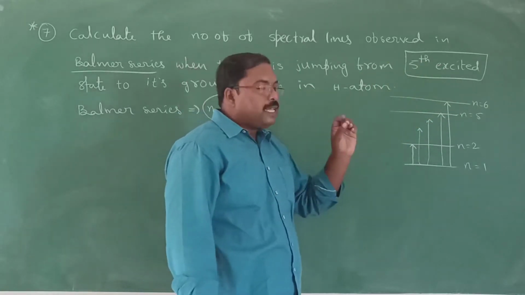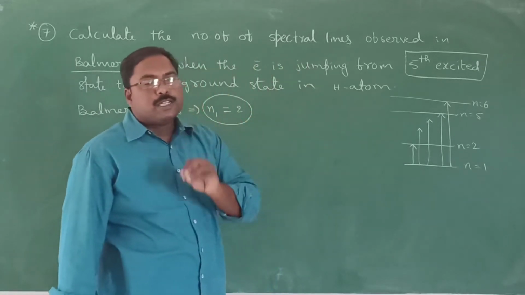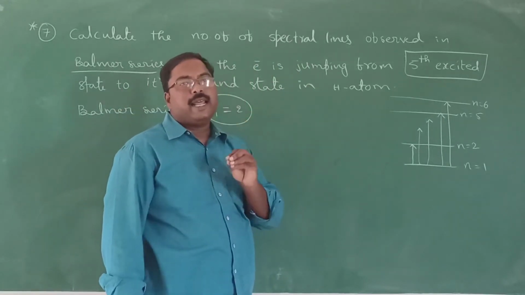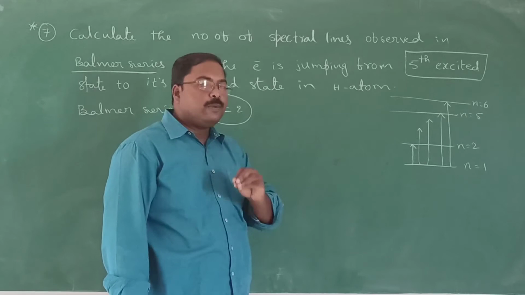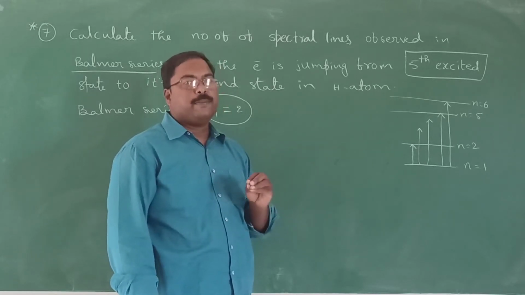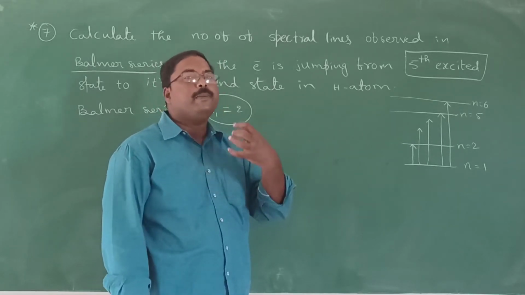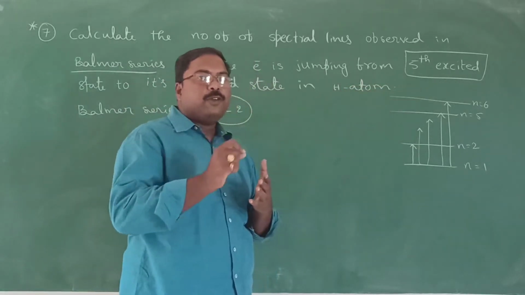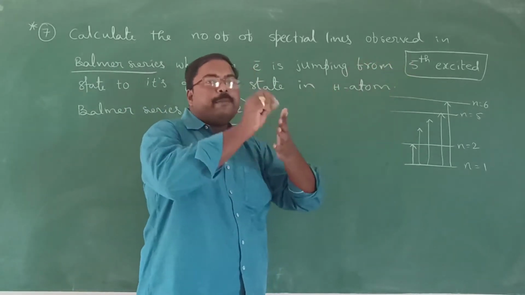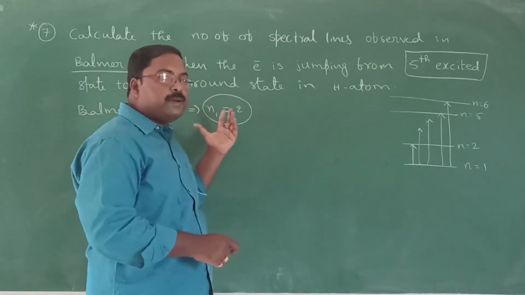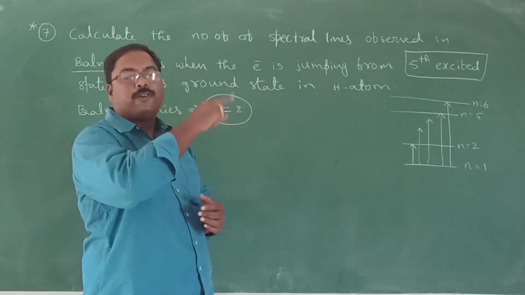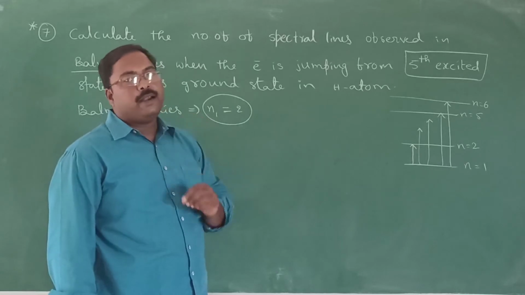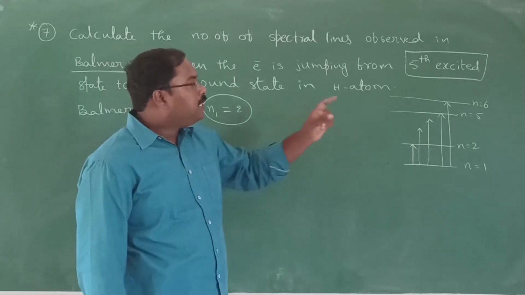That is why, while answering questions asked in national examinations, we should be careful. The content is the same, but the way of asking the question may make it difficult. In a hurry, we may look at the number 5 and Balmer series and immediately go for 5 minus 2, 3. So read the question carefully.